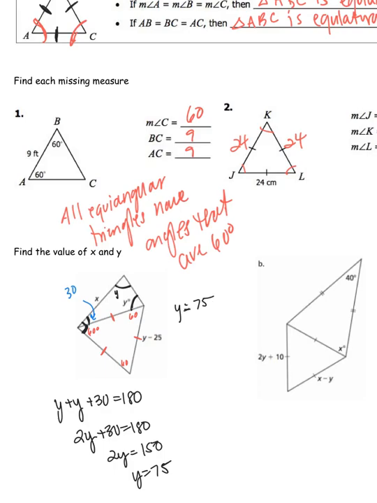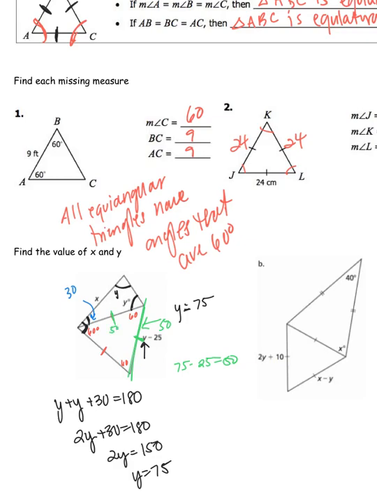But if we have y, then we can plug it in to that y, and we can do 75 minus 25, and that gives me 50. So I just found this side. That side is 50. We also know that this side is congruent, so this is 50.